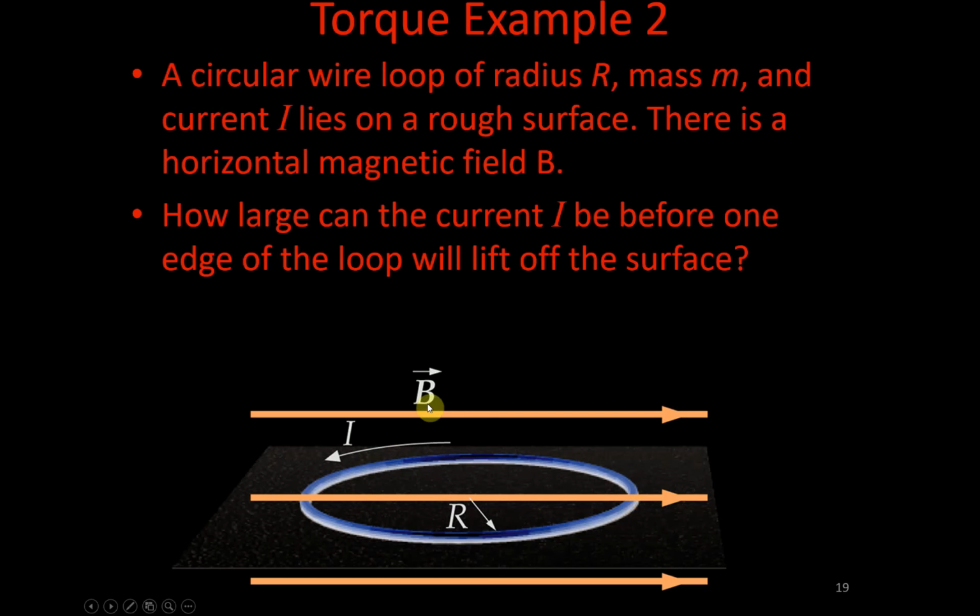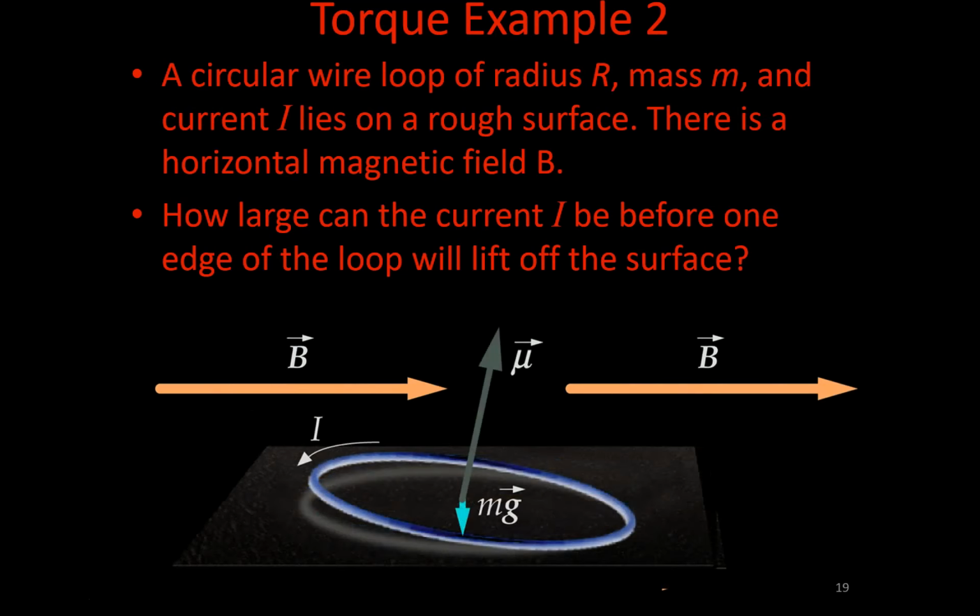And that's what we want to find. So there's our magnetic field. Here's our dipole moment, our magnetic moment mu, which is our NIA basically. Here's our current, here's our gravity acting on the system. So mg will be acting down, mu will be acting up. So how large a current do we need?